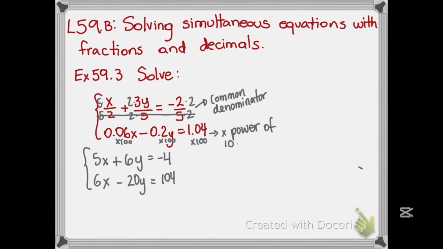And now we're ready to do what we already know, which in this case, I'm going to do elimination. So I'm going to multiply the 5 times 6 and the 6 times negative 5 so that I get rid of the excess. When I do that, again, I have to rewrite everything after I multiply. 30x plus 36y equals negative 24.